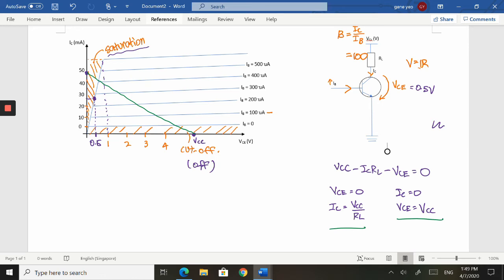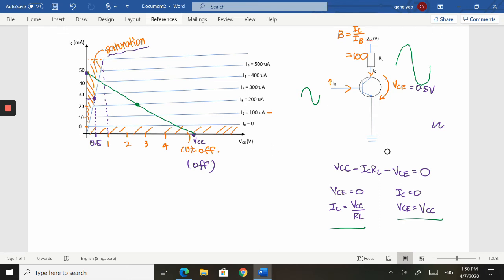Now, the whole idea behind this is that I want to find my operating point, what they call a quiescent point. And ideally, the quiescent point should be somewhere in the center, because if I have an input here, and I'm talking about using a BJT as an amplifier, what I want at the output is a very nicely amplified signal like this.